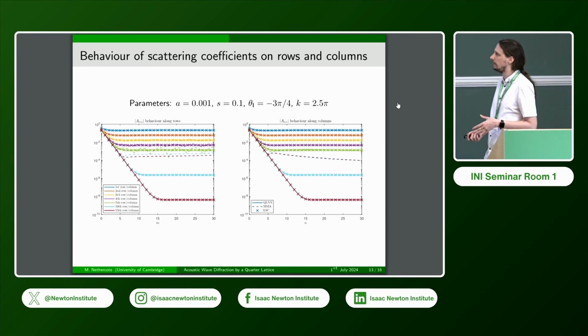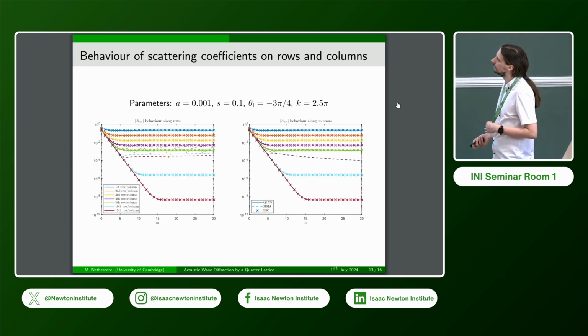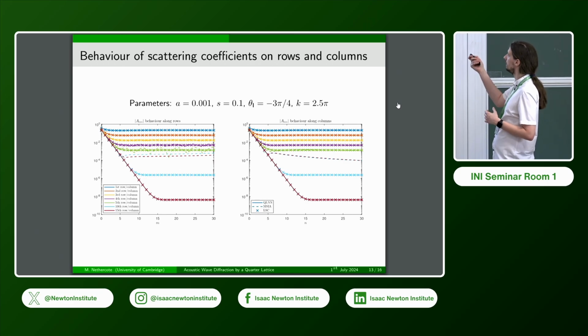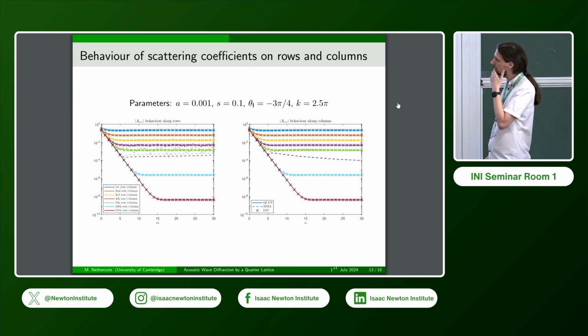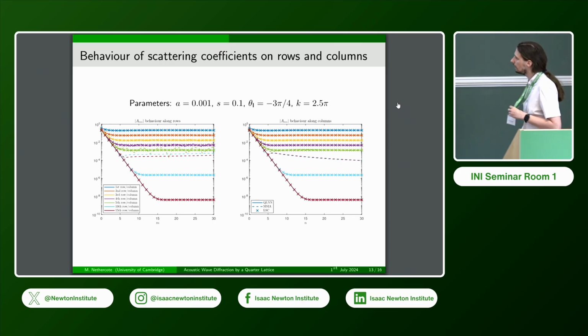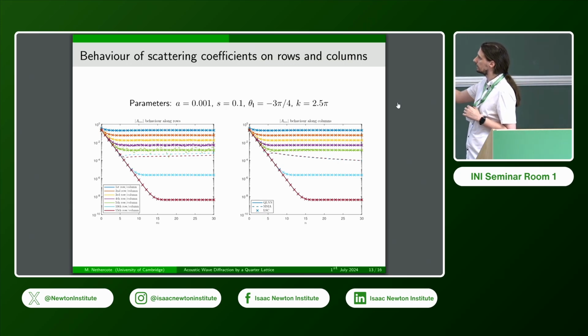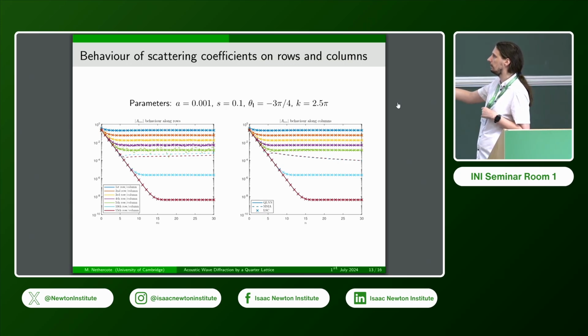So what I've done here is I've taken the stop band case and plotted the absolute value of the scattering coefficients along a series of rows for the left one and a series of columns for the right. And what we find is that in this stop band case, the coefficients are exponentially decaying up to a certain point, and then the absolute value becomes constant.